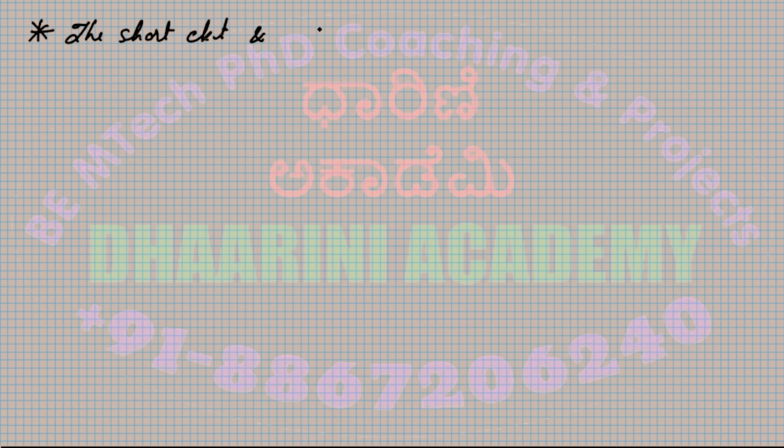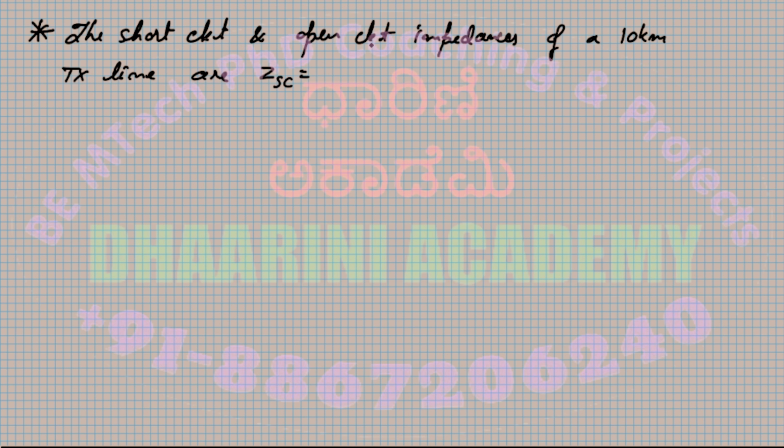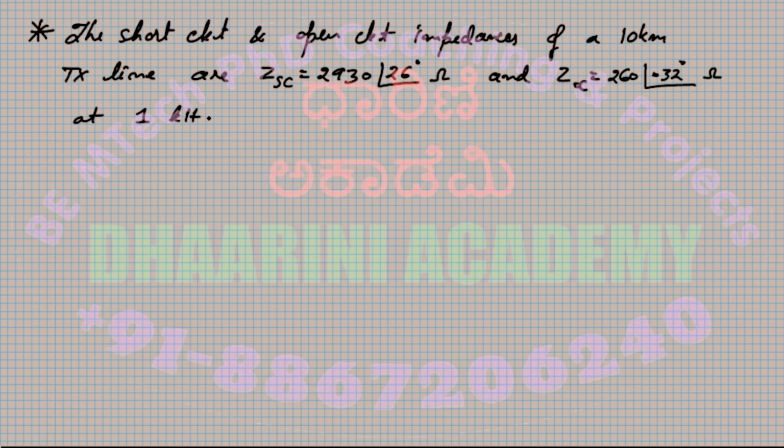The short circuit and open circuit impedances of a 10-kilometer transmission line are ZSC equal to 2930 at an angle of 26 degrees and ZOC equal to 260 at an angle of minus 32 degrees, at 1 kilohertz.